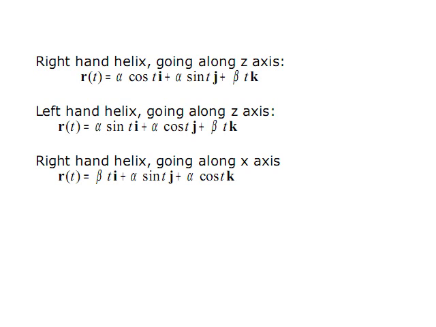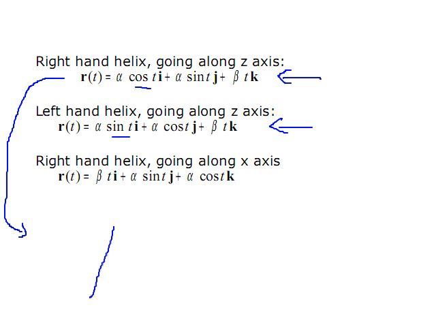So here again is the equation for a right-handed helix. Here's the equation for a left-handed helix, both of them going along the z-axis. You start with sine for the i term, otherwise it's cosine for the i term for the right-handed. To see how this would work, you can plot a few points, just in the plane. So here's your xy plane.